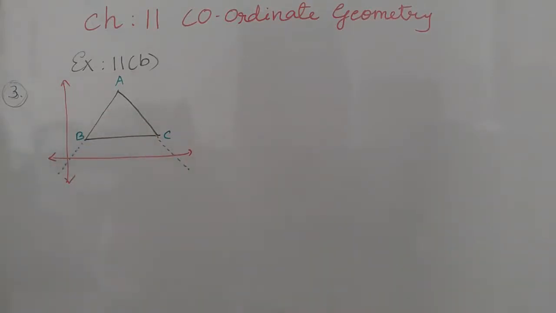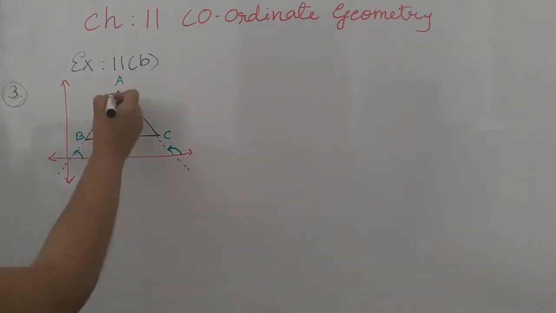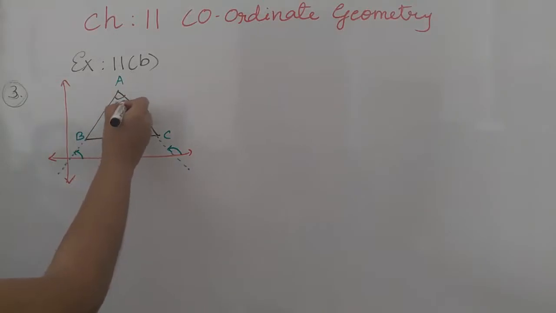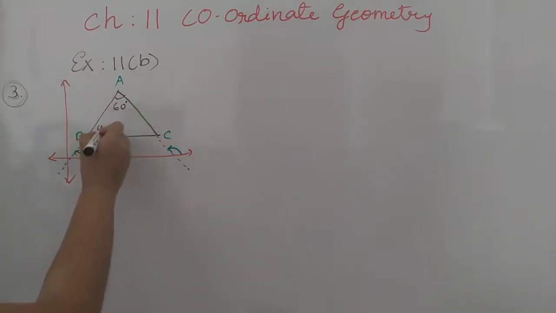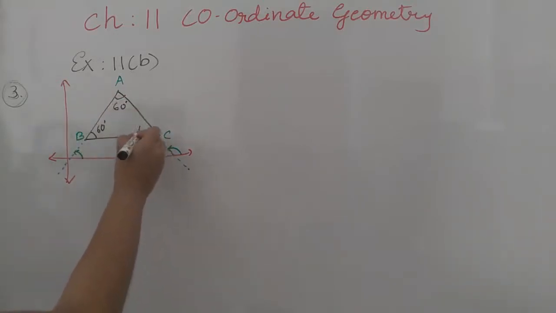So here this is the angle made with x-axis, and this is the angle made with the x-axis in anti-clockwise direction. Now students, this is an equilateral triangle given. It means all angles are equal and of 60 degree. All angles. Okay. So all of them are 60 degree I have written.